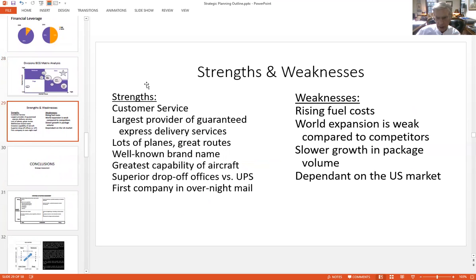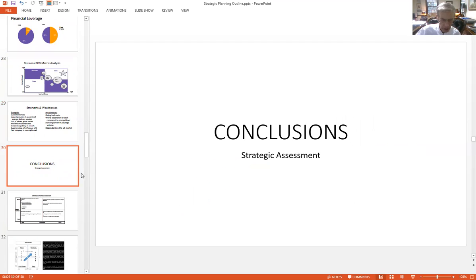Eventually, we need to make some conclusions about strengths and weaknesses. Where do we find the competitively strong parts of our business? Where do we find weaknesses? And based on that, we're then ready to make some conclusions.